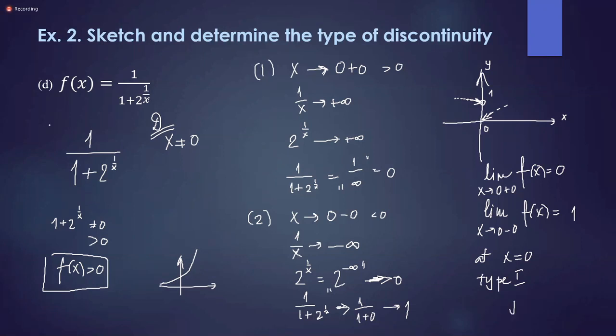And you see, we don't have to have a compound function even. We have a single formula for the function, and it still has this jump. So jump discontinuity happens.